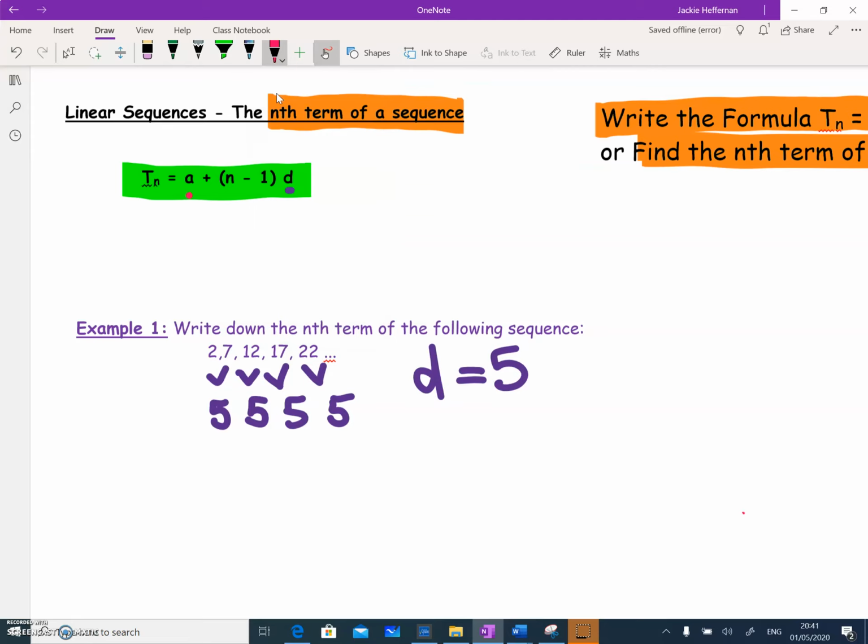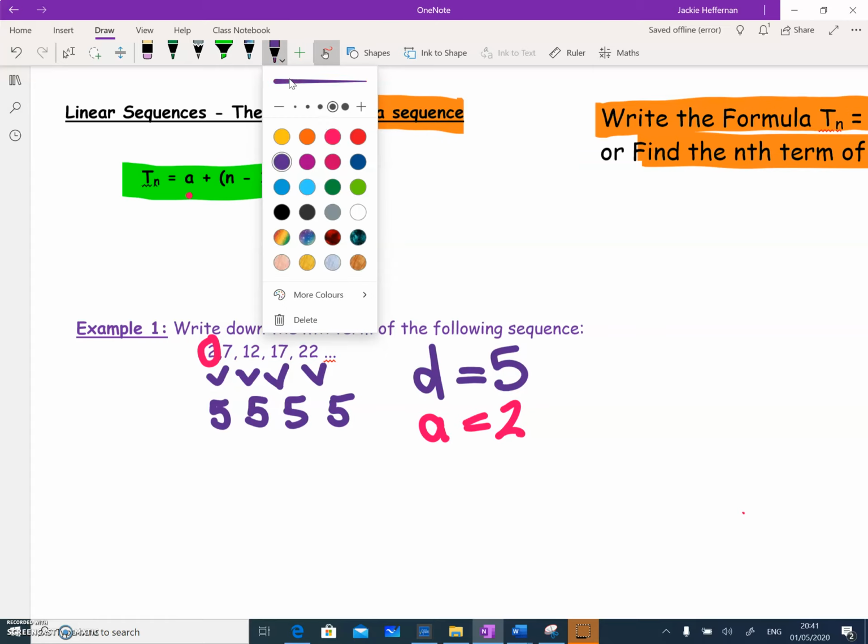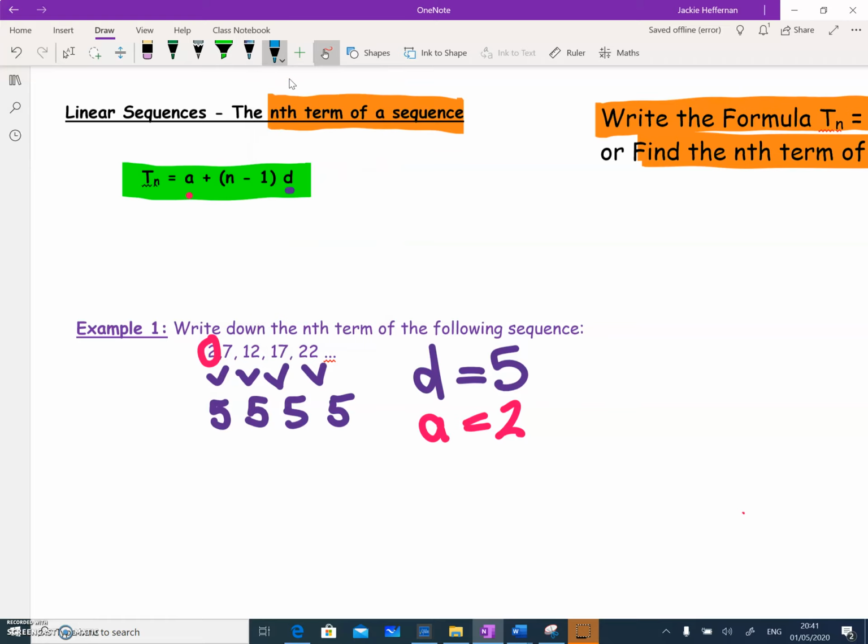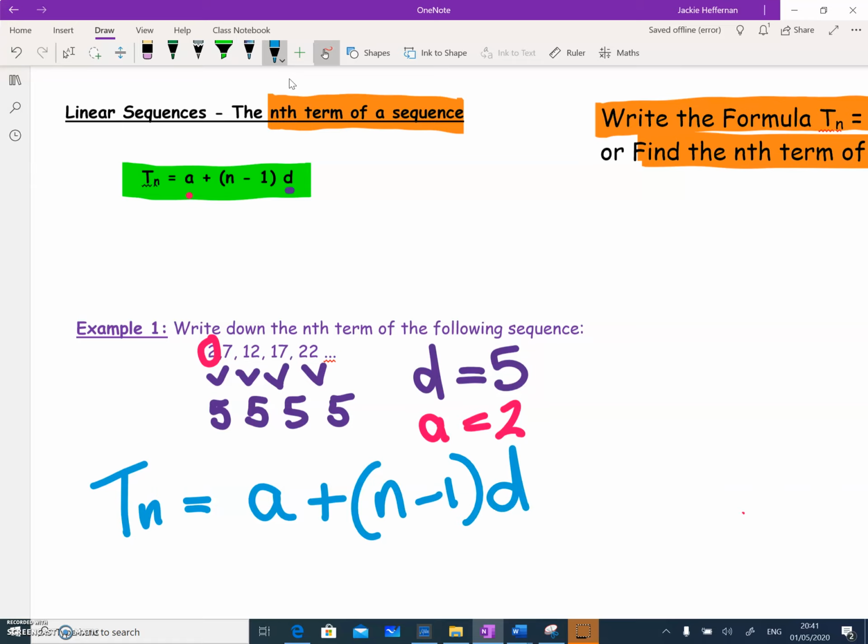a is always the first number, so a is equal to 2, and we leave n as it is. So we'll start filling in. We have T of n is equal to a plus n minus 1 times the difference, and we're going to fill into that.